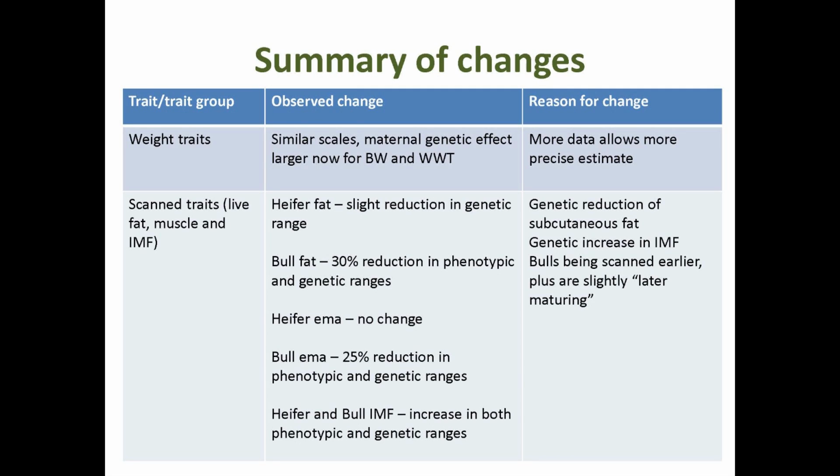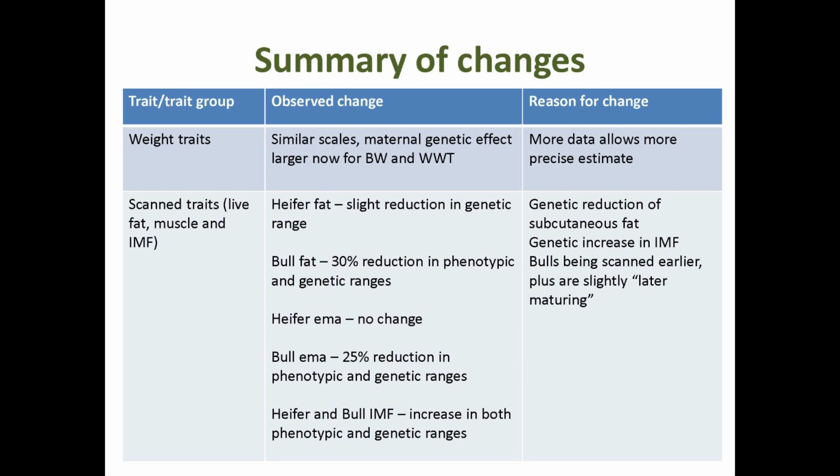Now if we go to the scan traits, which is the live fat, live muscle and IMF, heifer fat, so the genetic range in fatness in heifers is a little bit smaller than we thought it was. I'll get on to reasons for these in a moment, but there's a slight reduction in the range that you'd see.